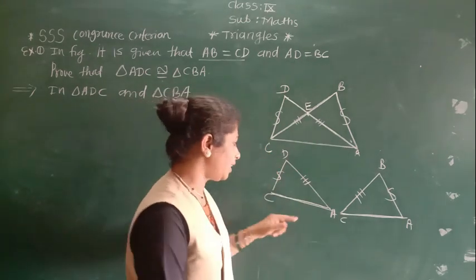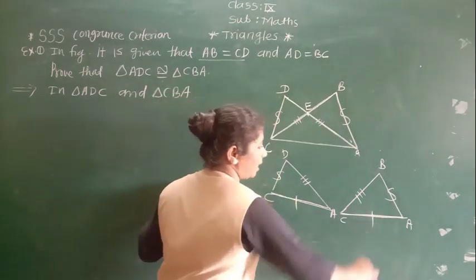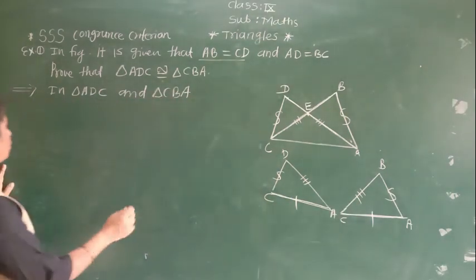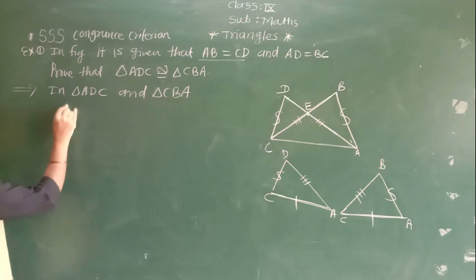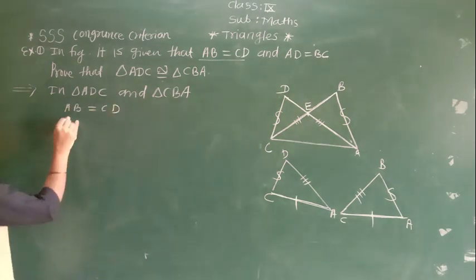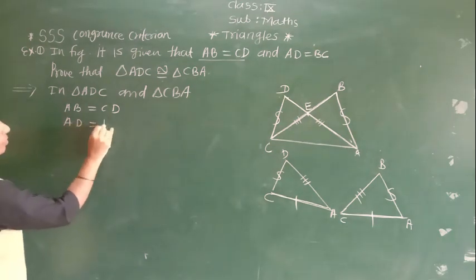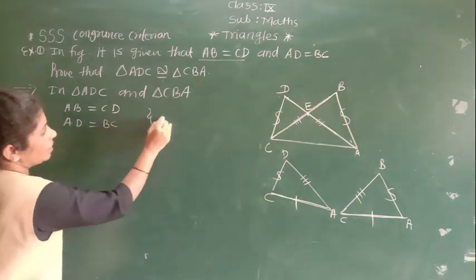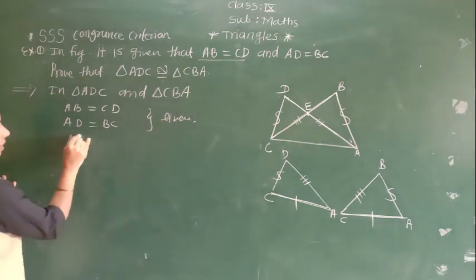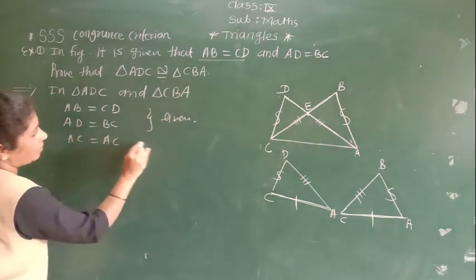So by which criteria are these two triangles congruent? By side criteria. In these two triangles, what is given? AB equals CD and AD equals BC, which is given for us. Then AC equals AC, which is common.